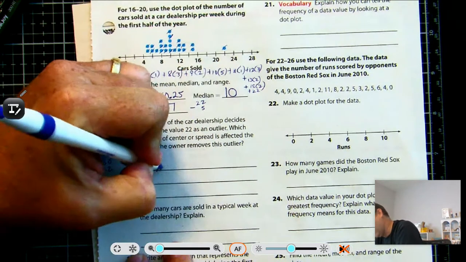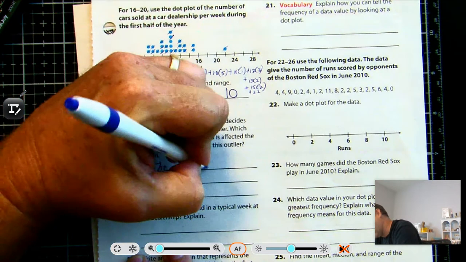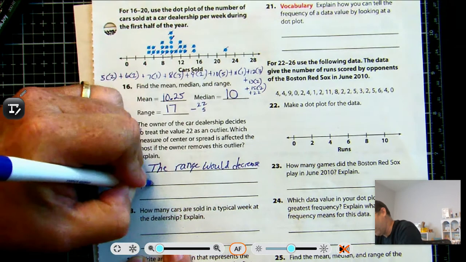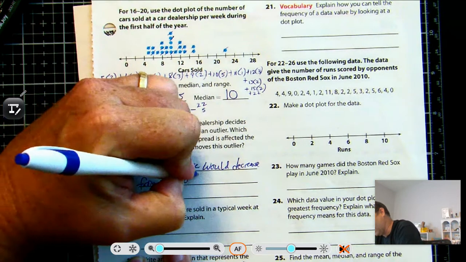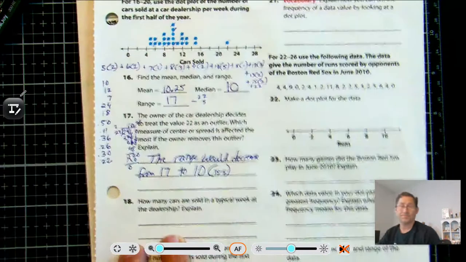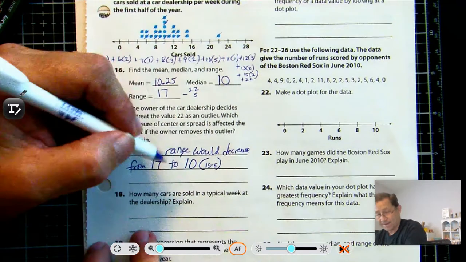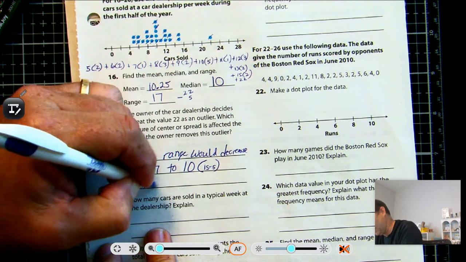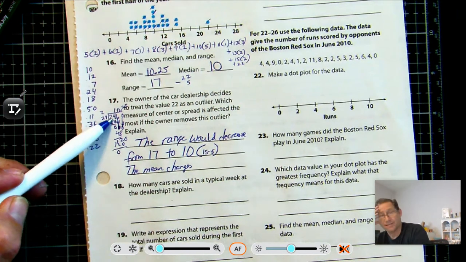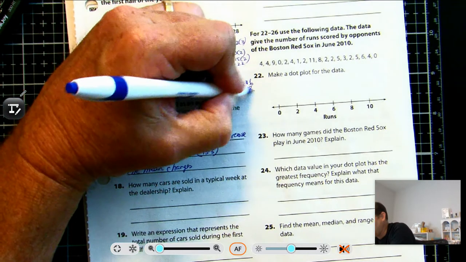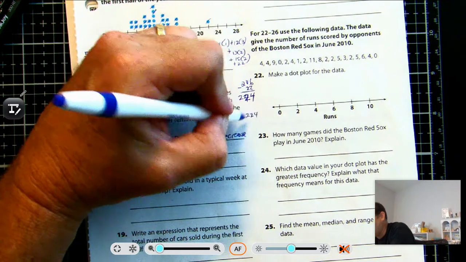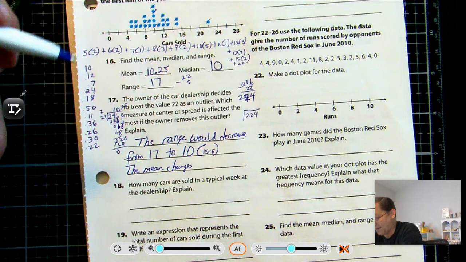So the range would decrease from 17 to 10 because it would be 15 minus 5. And the mean changes. Let's see. So we had 246. If we take away 22, we'd have a total of 224. If we took that number away, we wouldn't have 24 pieces of data.